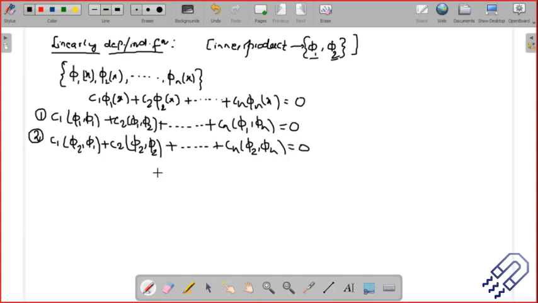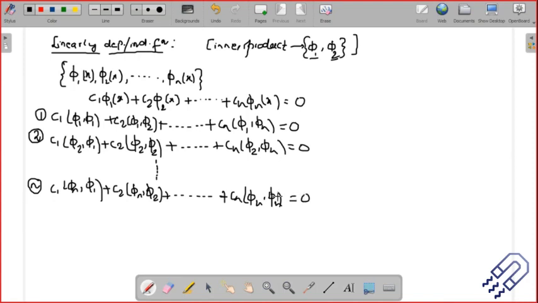So in this way we can get up to the nth row, and this one we can have as c1 phi n phi1 plus c2 phi n phi2, and then we can have cn phi n phi n.